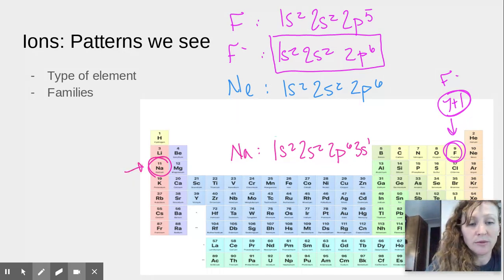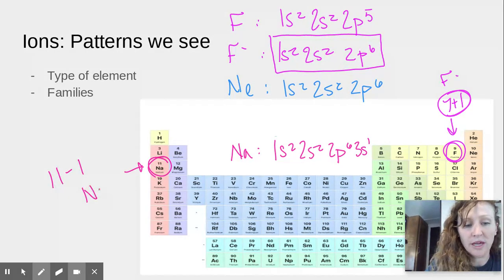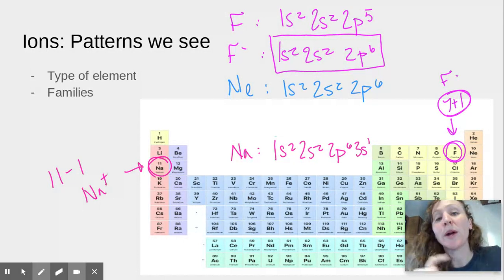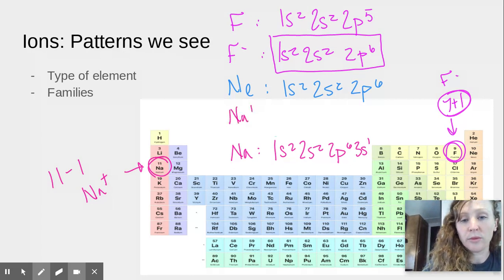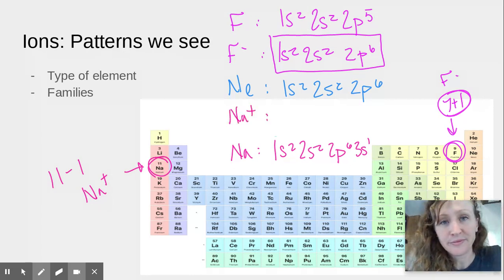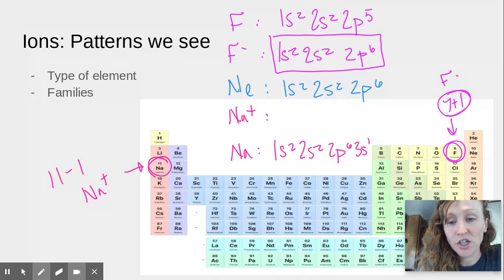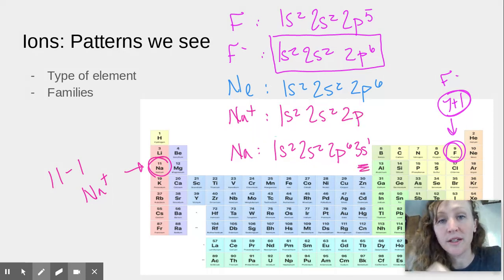So sodium has 11 electrons. It's going to lose 1 electron to form Na+. So why don't you pause the video here and write out the electron configuration for the sodium ion. It's just going to have 1 less, 1s2, 2s2, 2p6, and that 3s1 electron just gets dropped.